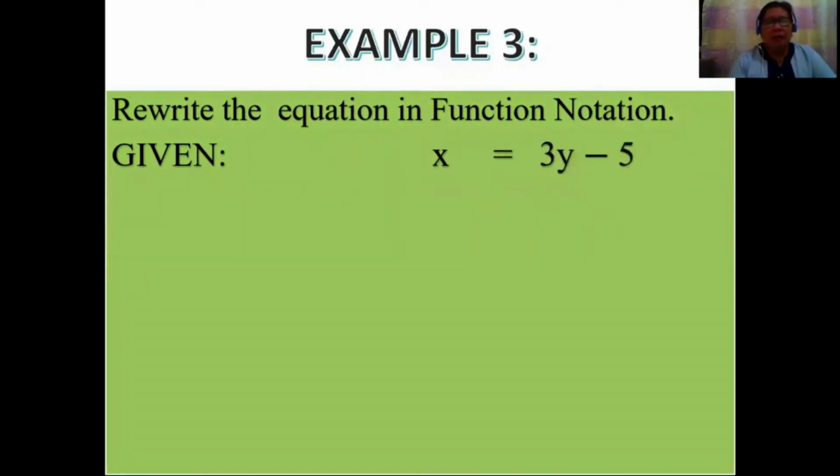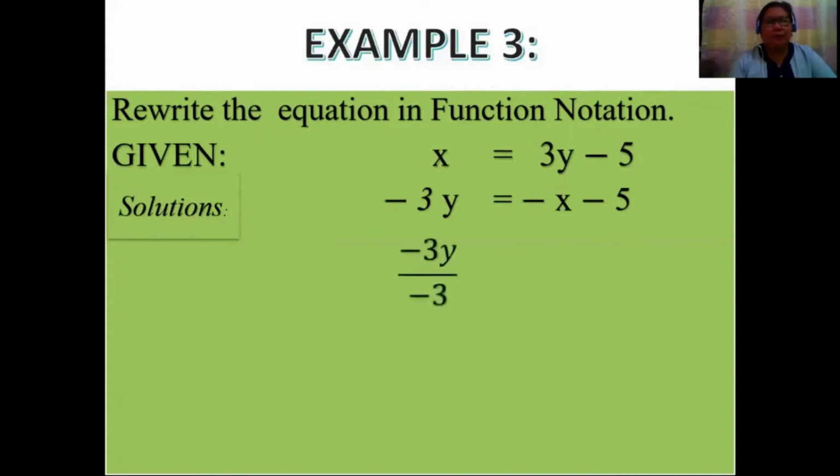Example number 3. Rewrite x is equal to 3y minus 5. Solutions. Transpose 3y to the other side. So, we have negative 3y and transpose x to the other side. We have now negative x and copy negative 5. Divide negative 3y by negative 3.